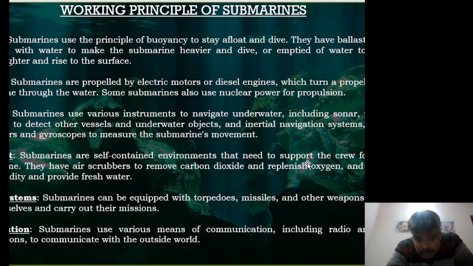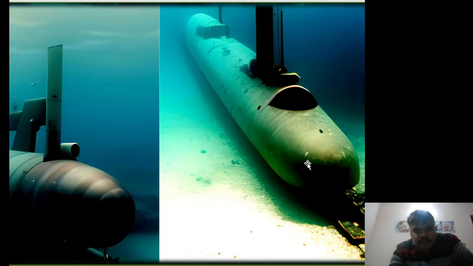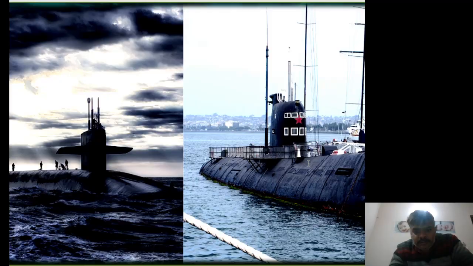They have air scrubbers to remove carbon dioxide and replenish oxygen, and systems to remove humidity and provide fresh water. Weapon system. Submarines can be equipped with torpedoes, missiles, and other weapon systems to defend themselves and carry out their mission. Submarines use various means of communication, including radio and satellite communication, to communicate with the outside world. These are some pictures of submarines.